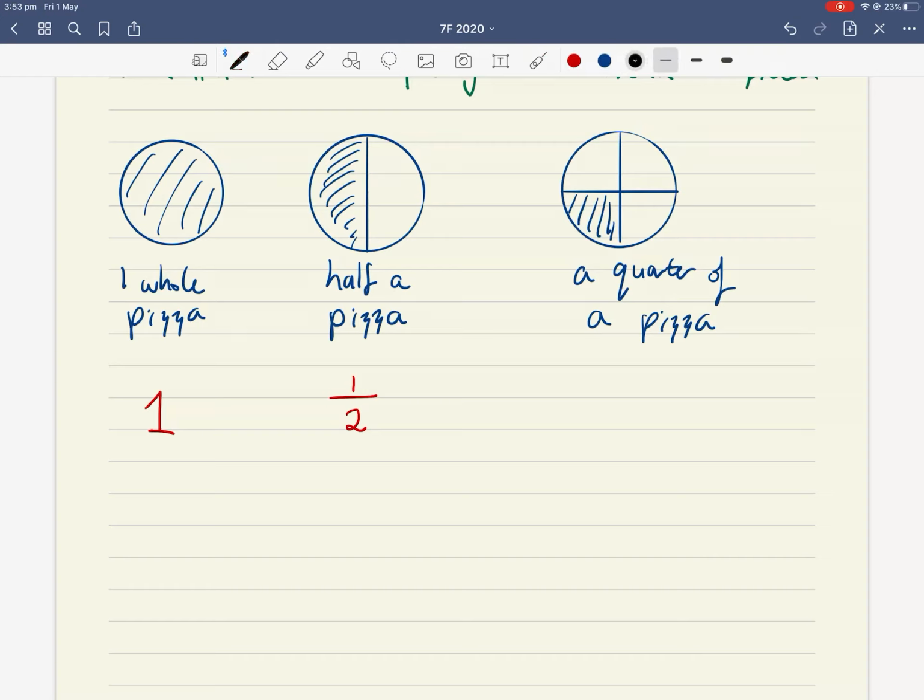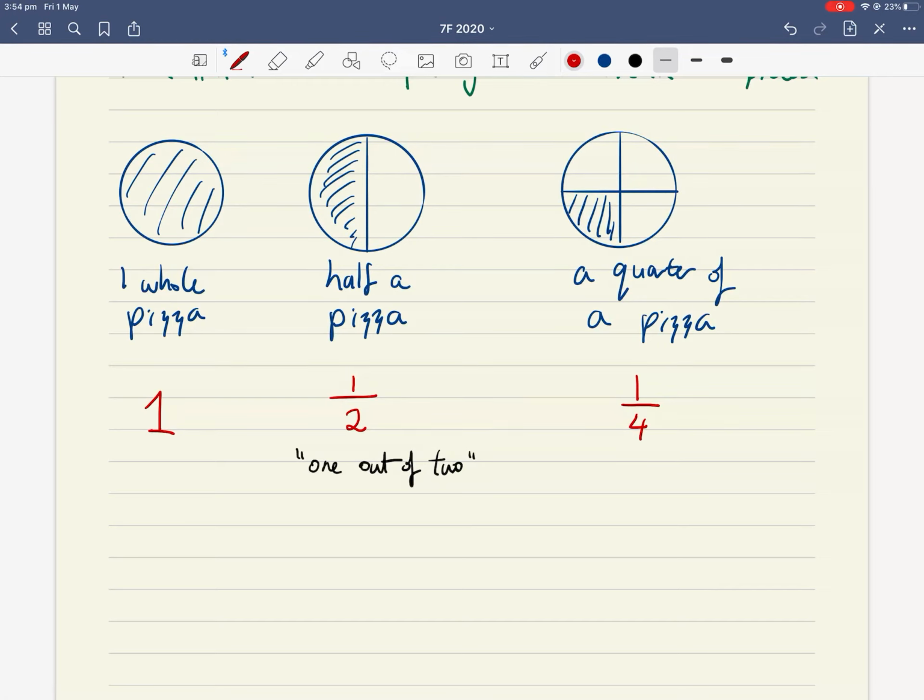So we say that this is 1 out of 2. You can read that as 1 out of 2 or 1/2, right? As if you're talking about half a pizza. It's out of 2 because in total you have 2 slices and you take 1 out of the 2 slices. If you had a quarter of a pizza, you would take 1 slice out of 4 total slices of pizza. So that's 1/4 of a pizza that you have.